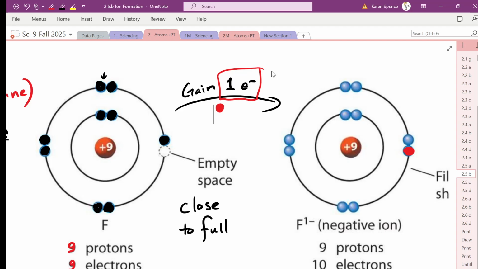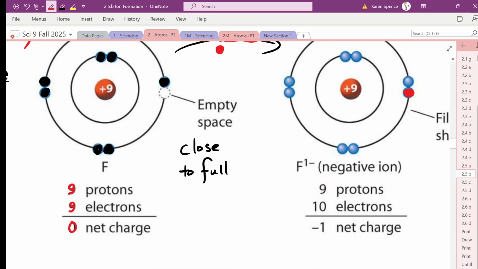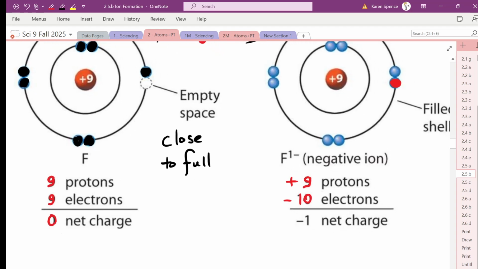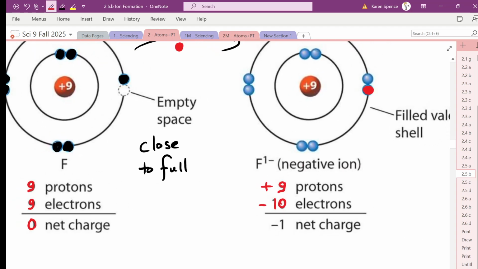You could also say, I have 9 protons and I have 10 electrons. Protons are positive, electrons are negative. If I add +9 and -10, I get -1. Is that good? Okay. So this is an F -1 ion.